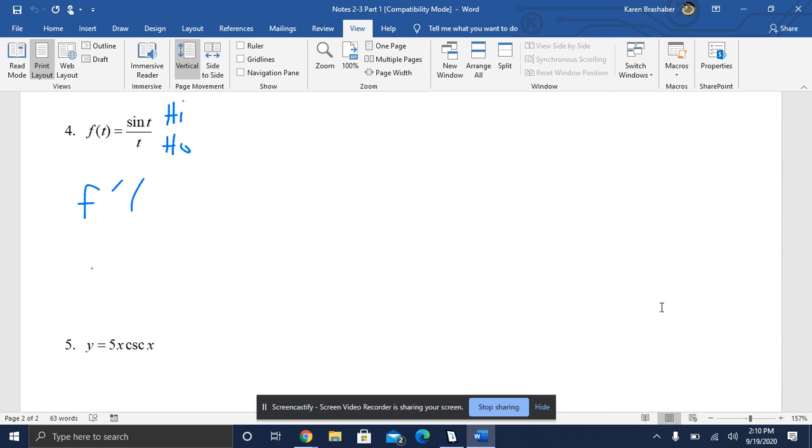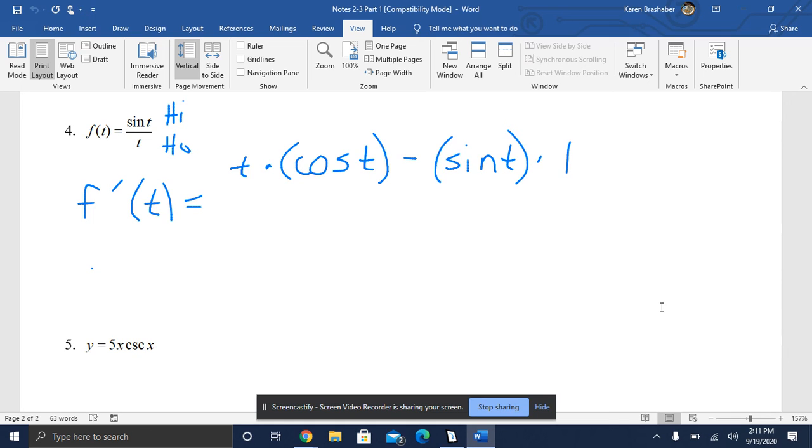F prime of t is equal to ho d high, so t times the derivative of sine of t. The derivative of sine is the cosine of t, minus high d ho. So we have the sine of t times the derivative of t, which is 1, over ho. And that would be t times t, or t squared.